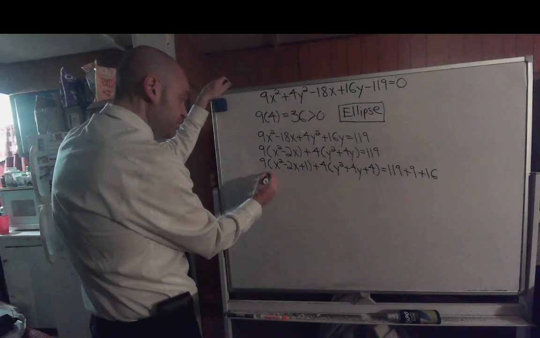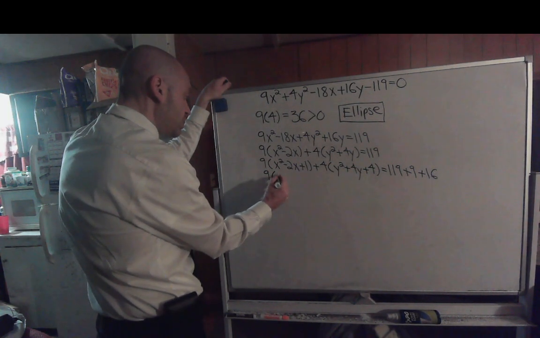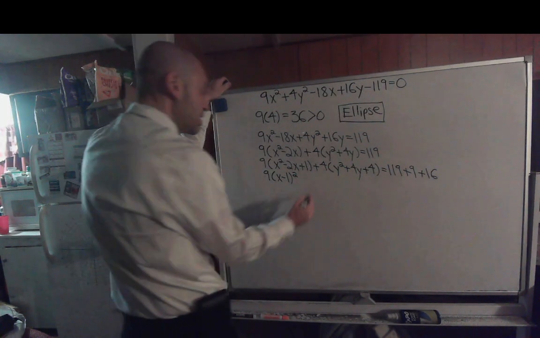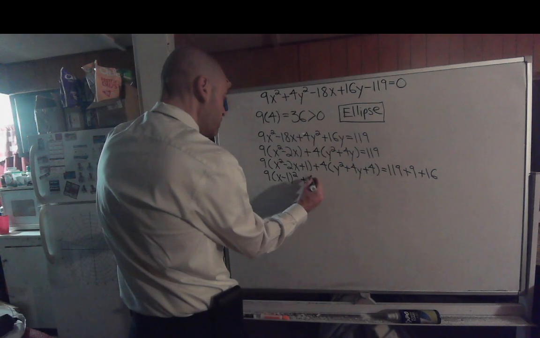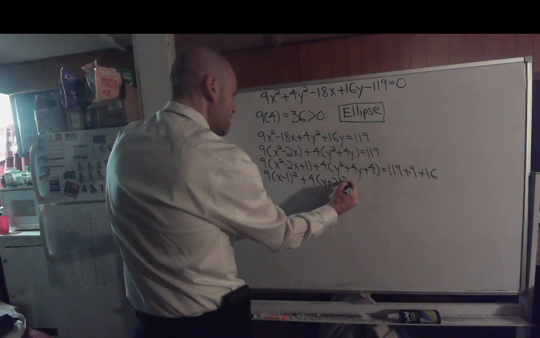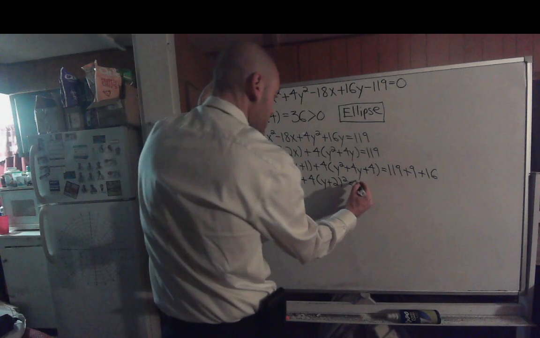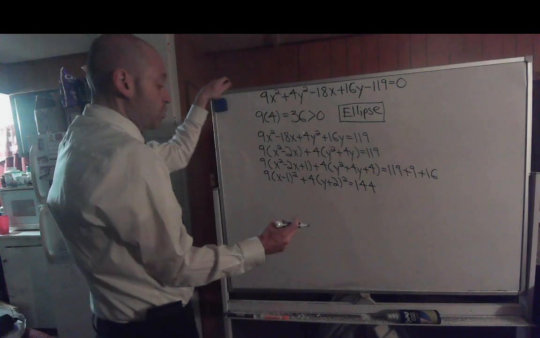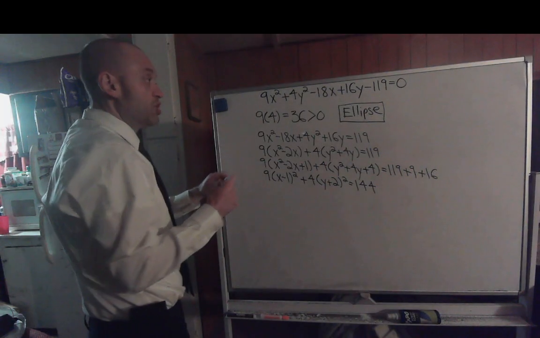So this would simplify into 9 times the quantity of x minus 1 squared plus 4 times y plus 2 squared is equal to 144. Well, what do we know about an ellipse?